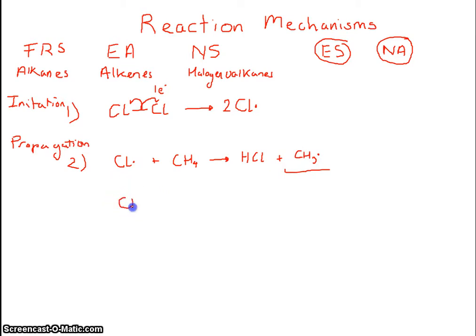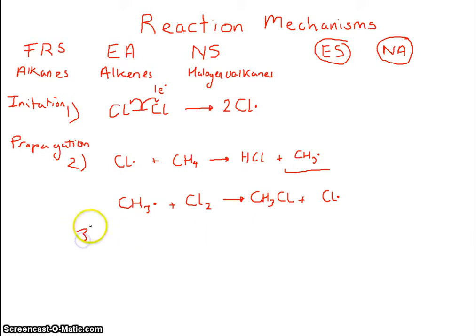So I'm going to react that methyl free radical with chlorine, and this will always, in this second stage, generate the first free radical that we started off with, and one other stable chemical, so it'll be CH3Cl, chloromethane. We've made a halogenoalkane, which is important as part of our reaction synthesis.